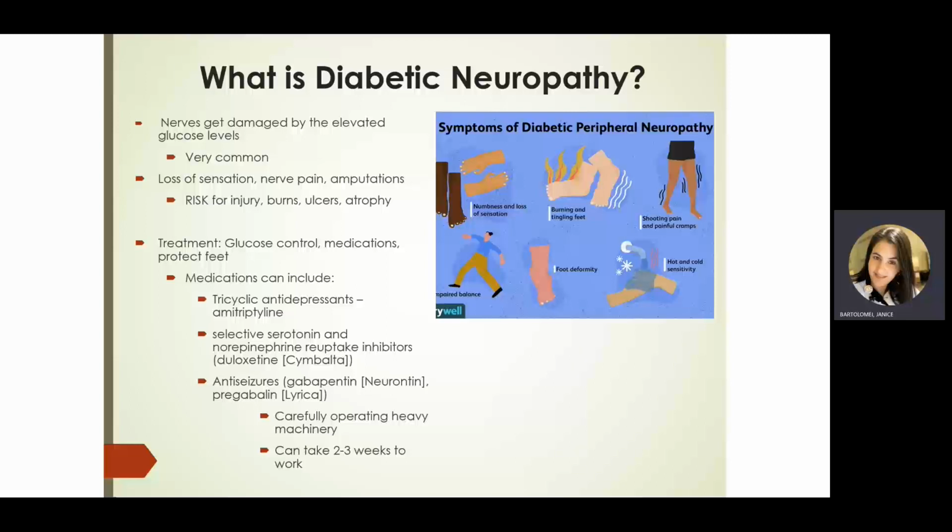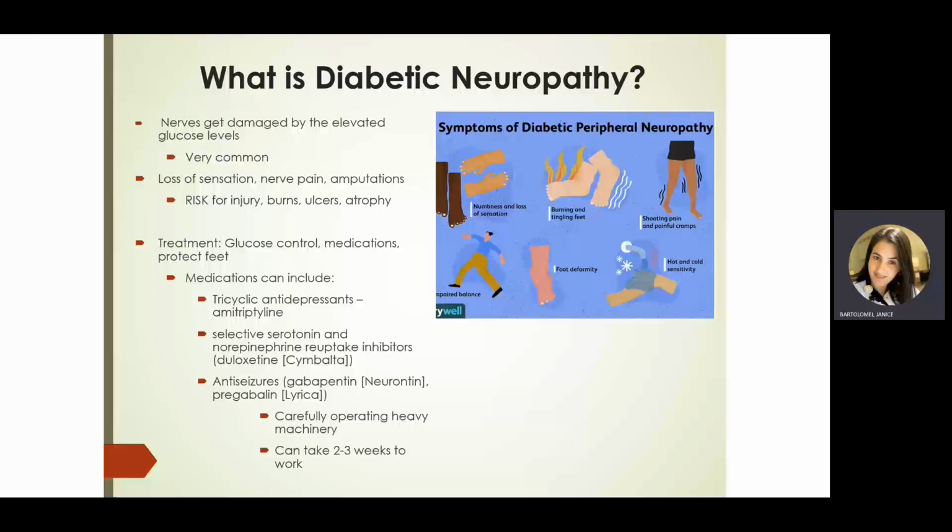And then the most common are anti-seizure medications. The classification is anti-seizure, but they're also used for nerve pain, neuropathy, tingling. These are the ones that you're going to be seeing most in the hospital, your gabapentin and your pregabalin.